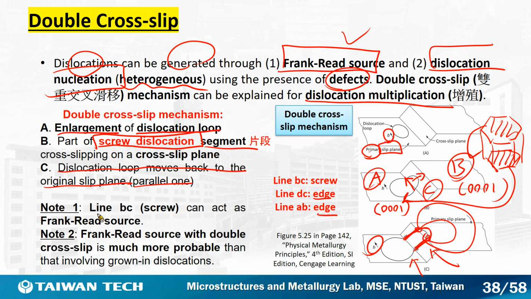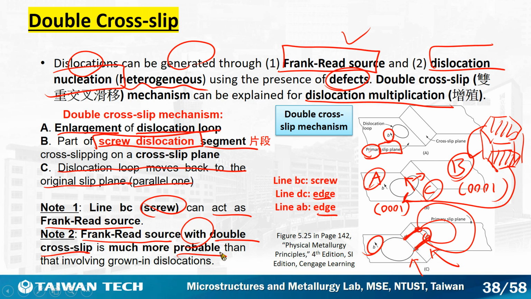Okay, so this line, screw segment, acts as a Frank-Read source. We learned at the beginning of this chapter that the Frank-Read source can produce more dislocations. However, a Frank-Read source combined with double cross slip is actually much more probable than just the Frank-Read source.